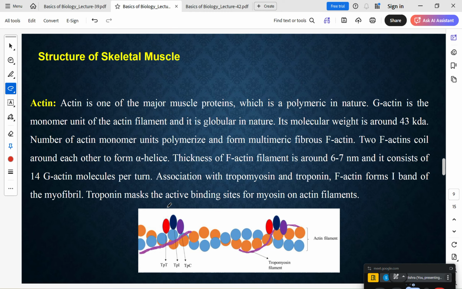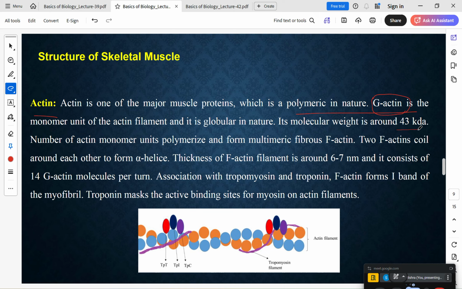There are different proteins that make up the sarcomere. The first major protein is actin. It is polymeric in nature. The actin monomers are known as G-actin or globular actin.